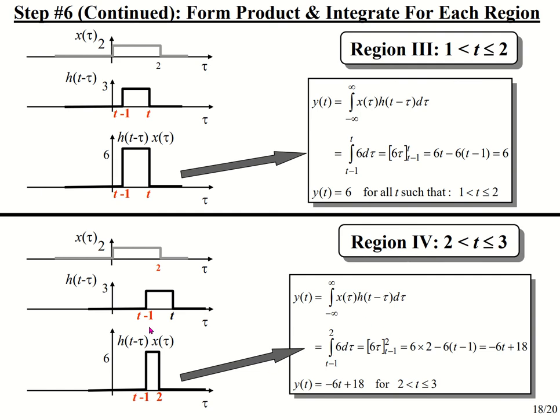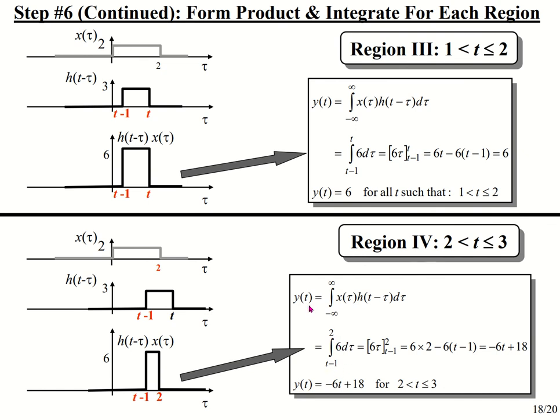One is t minus 1 to 2, and the other is 2 to 3. The case where you're talking about the limit 2 to 3 is the place where you are not going to have an overlap between x and h, and that part will be 0. It is not shown here, but you will have to know that the value corresponding to the limit 2 to 3 is 0, and what we are left with is t minus 1 to 2.